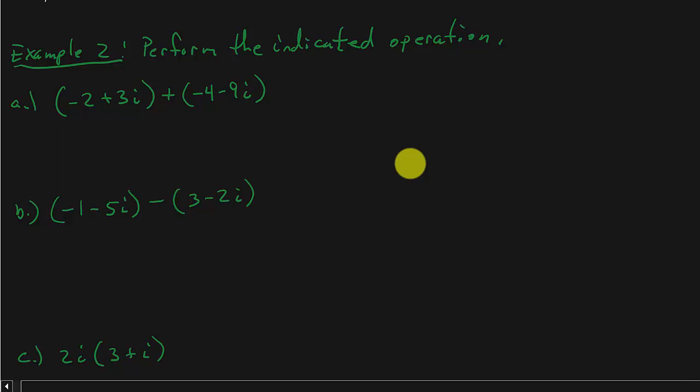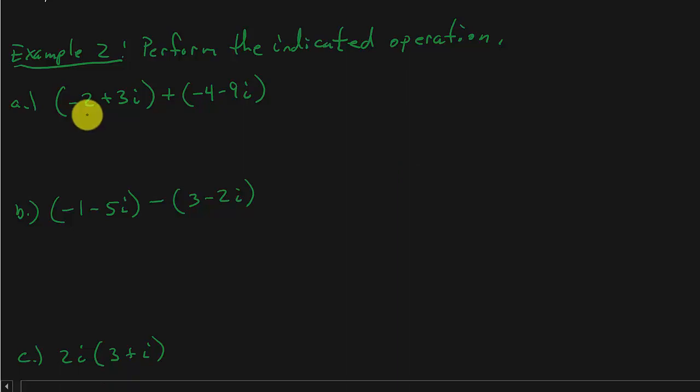All right, so let's look at this example. Perform the indicated operation. So we're going to be adding, subtracting, and multiplying in this one, and then later on we'll be dividing them. So we've got -2 plus 3i plus -4 minus 9i. Now, whenever you're adding or subtracting these complex numbers, you want to add the real parts together and add the imaginary parts together.